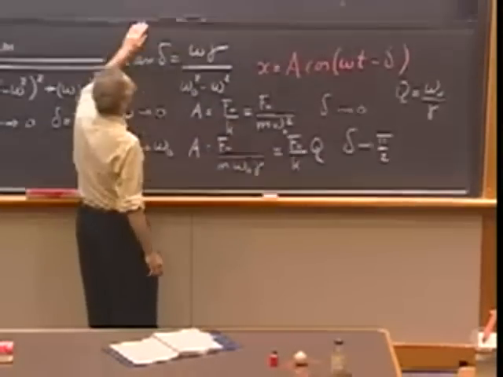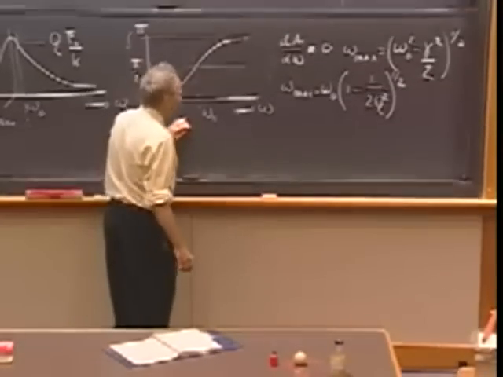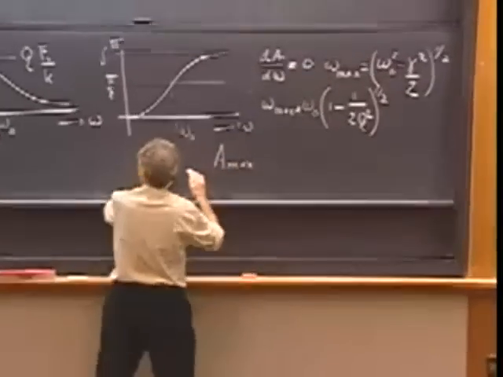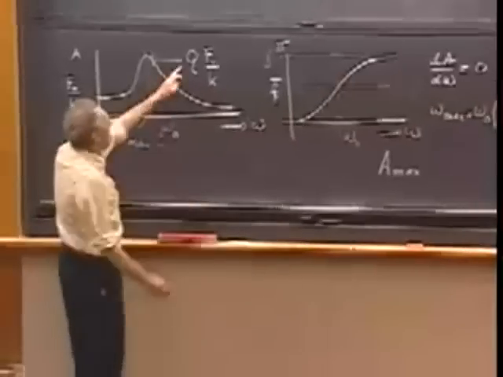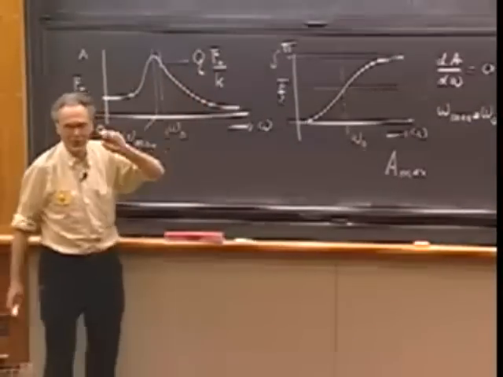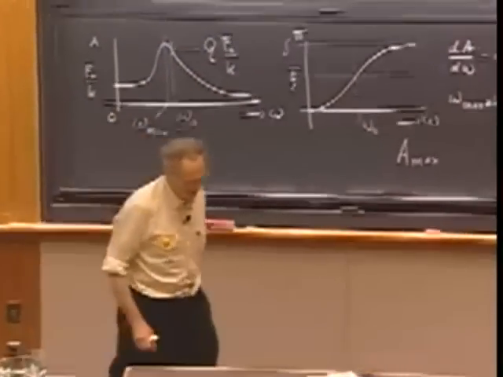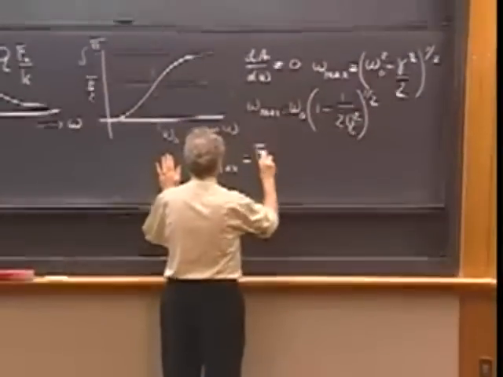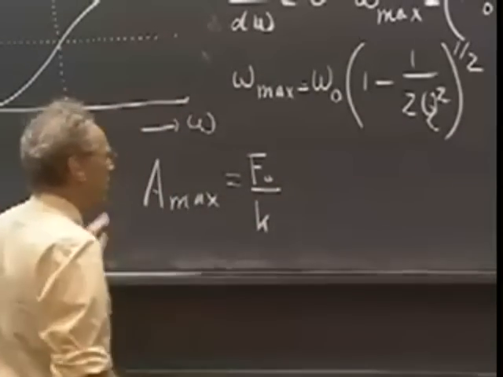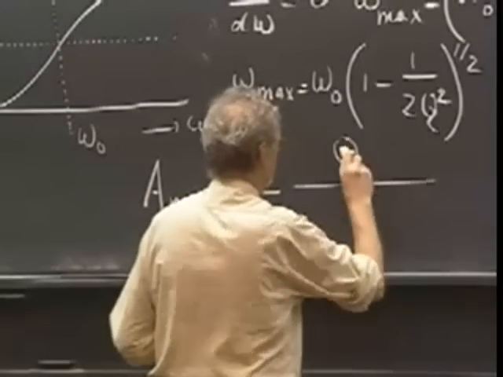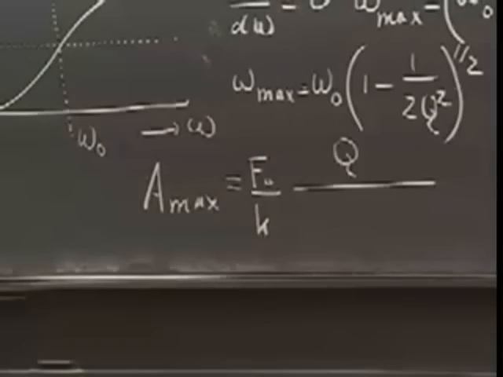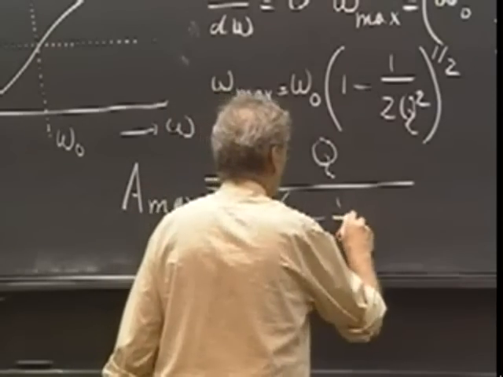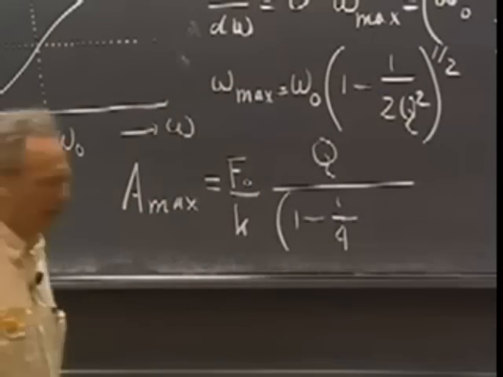If you want to know what the maximum amplitude itself is, so what A max is, it must be very close to Q times F0 over K, but it's a little higher, then you can write that in the following form. And that's just a matter of algebraic manipulation. And you get a Q here, which you expect. And then downstairs, you get something like this, 1 minus 1 over 4 Q squared to the power 1/2.